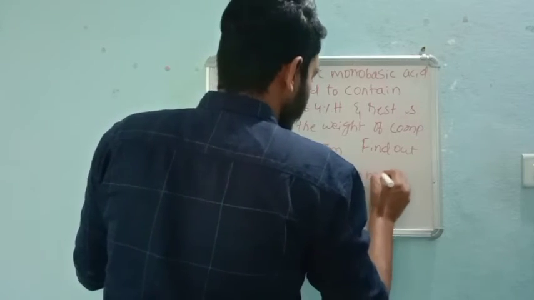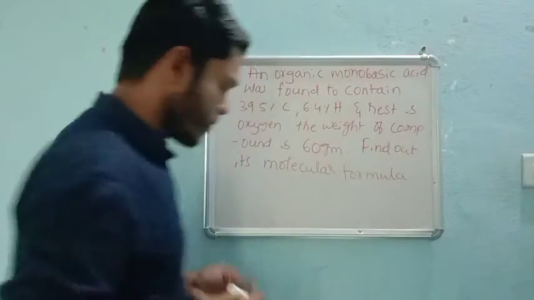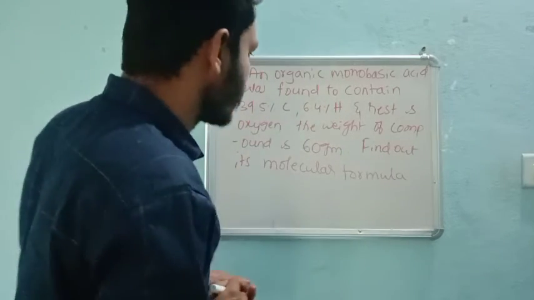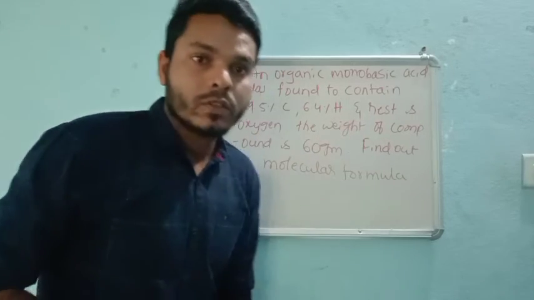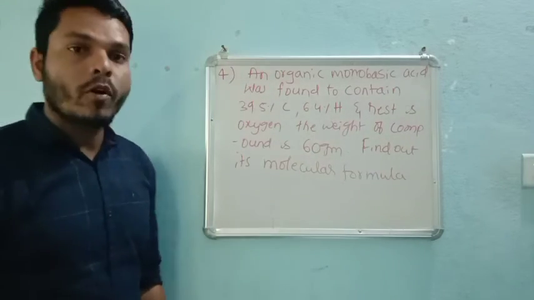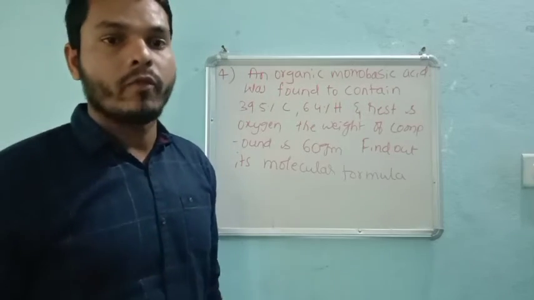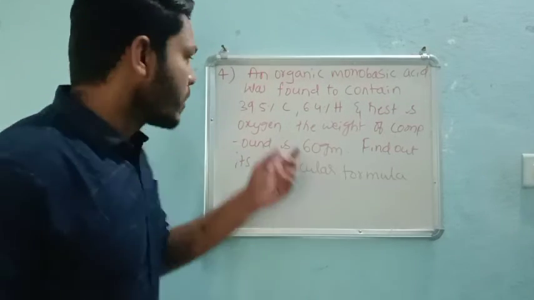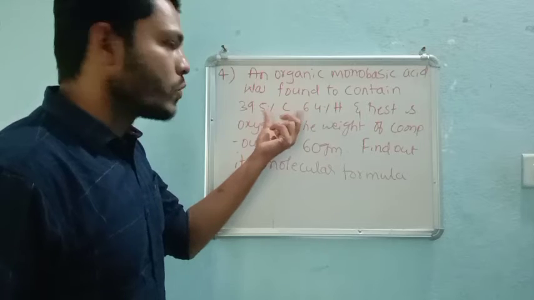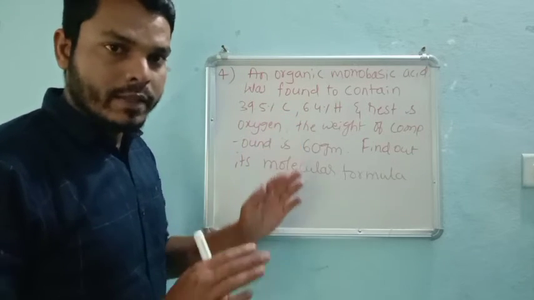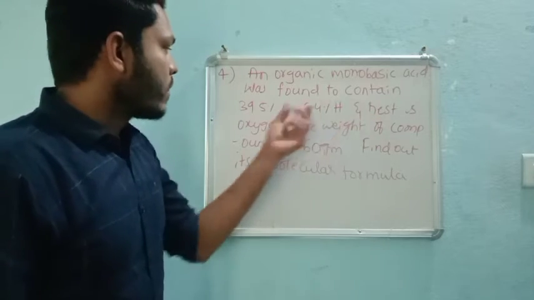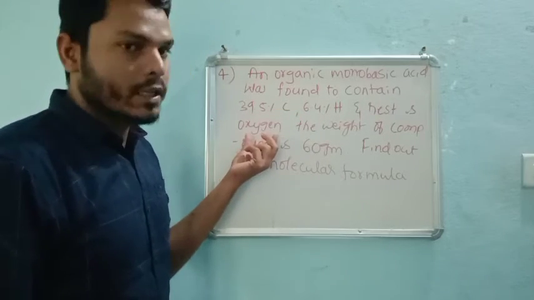See, there is one twist in this question. What is that twist? They have not given the percentage of oxygen. So as I said, compounds present in nature are always 100%. That means you add these two and subtract from 100. Whatever percent comes, that is the percent of oxygen.